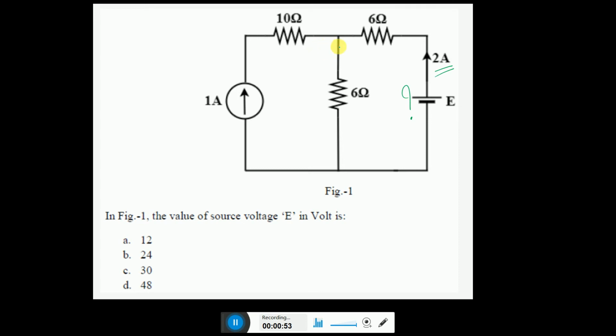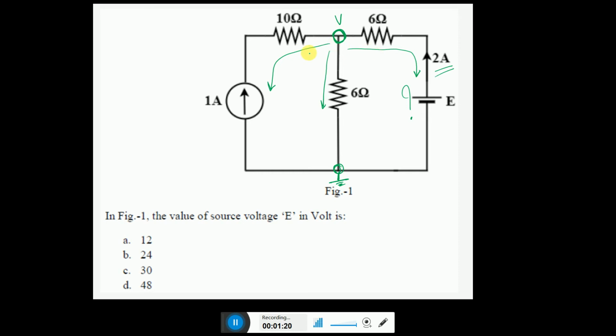Now the hint for this is that you just take the node voltage over here and find out the voltage across this, and take another node as a reference and put it as a reference here. If you do like that, what is the equation you will get? If this is the 3, you will say that these 3 are the currents, assuming that all 3 are coming out of the node.